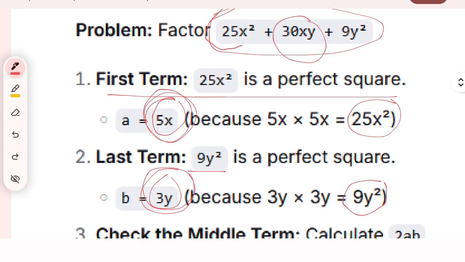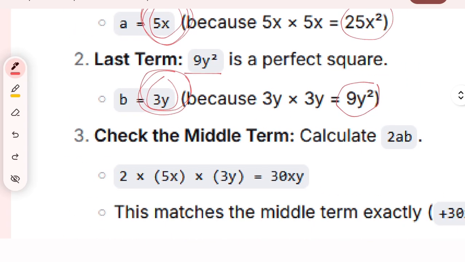Okay, let's try it. 5x times 3y is 15xy. And you multiply it by 2. When you multiply it by 2, it becomes 30xy. And that is actually the middle term of the trinomial. Therefore, this trinomial here is a perfect square trinomial.